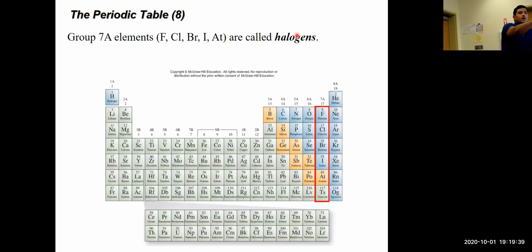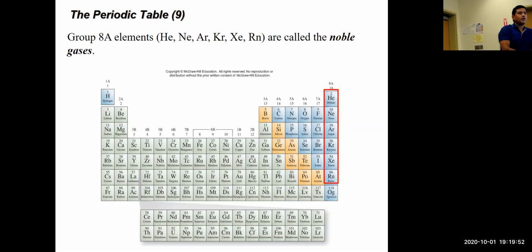Group 7 elements are referred to as halogens, and it contains fluorine, chlorine, bromine, iodine, astatine, and tennessine. I don't use that word much. And group 8 elements are referred to as noble gases. They are helium, neon, argon, krypton, xenon, radon, and oganesson.